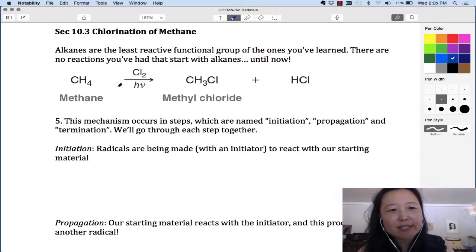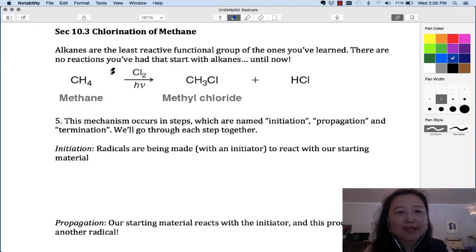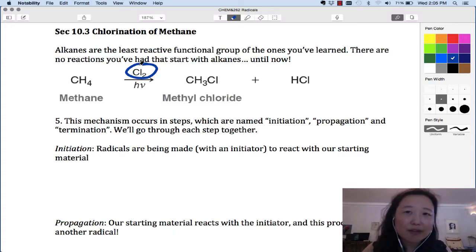For this reaction, we're going to need to create something unstable to react with the methane, because the methane itself is not reactive enough. So usually you see some kind of radical initiator. In the past, you've noticed we use peroxide for anti-Markovnikov reactions that are radical. We're going to learn how that works, by the way.